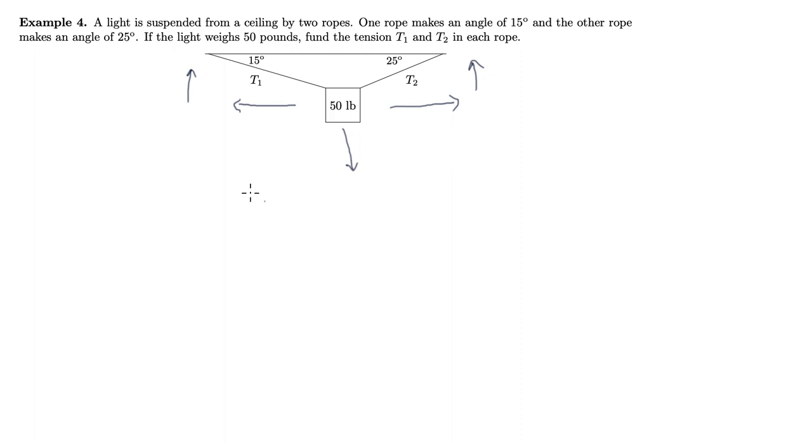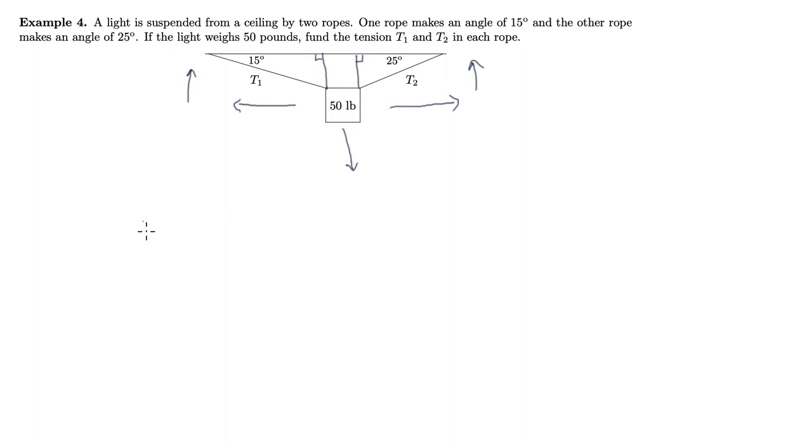So the horizontal arrows have to equal each other, and the vertical arrows have to equal each other. And so what we want to do is use a little bit of trigonometry here. Notice that these are right triangles, so the horizontal and vertical components of T1 and T2 we can find with just a little bit of trig.